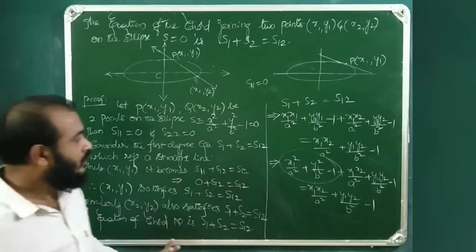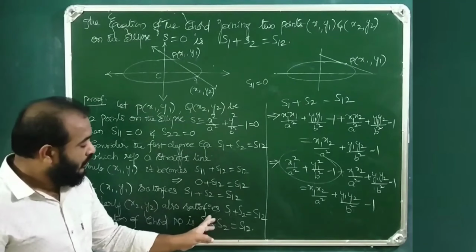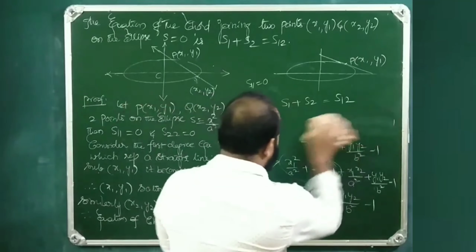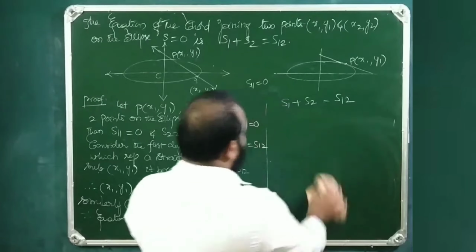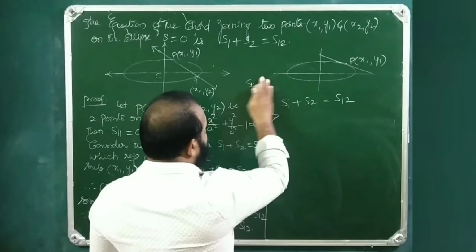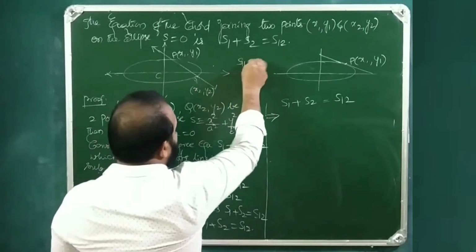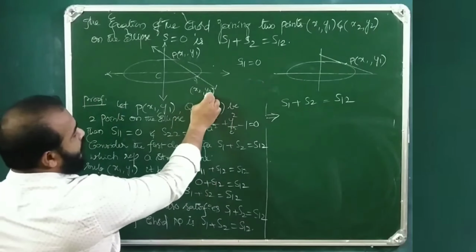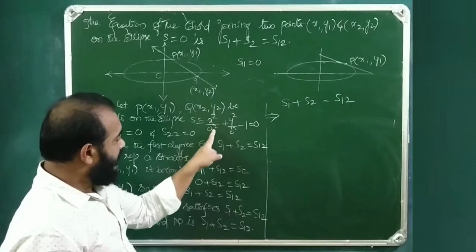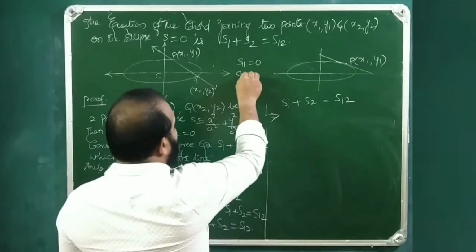Similarly, (x2, y2) also satisfies this. How? Let us see once again. S1 + S2 = S12. One thing is clear: P(x1, y1) lies on the ellipse, so S11 equals 0. (x2, y2) lies on this ellipse, so x2²/a² + y2²/b² − 1 equals 0, that is S22 equals 0.